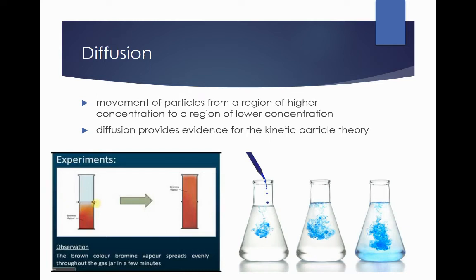You notice that there are two experiments shown in the diagrams. The first one is when you have two gas jars that are separated with a card, and one contains the bromine vapor, the other one is normal air that is colorless. And when that layer is removed, you realize the bromine vapor will spread throughout very quickly, just within a few minutes.